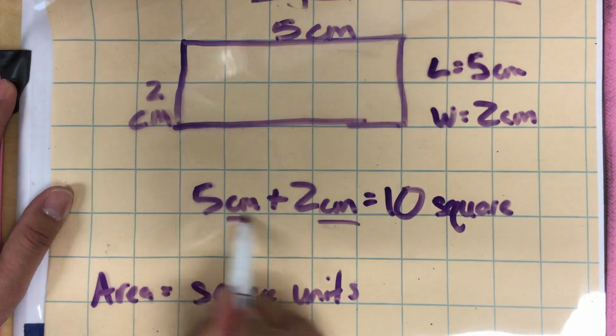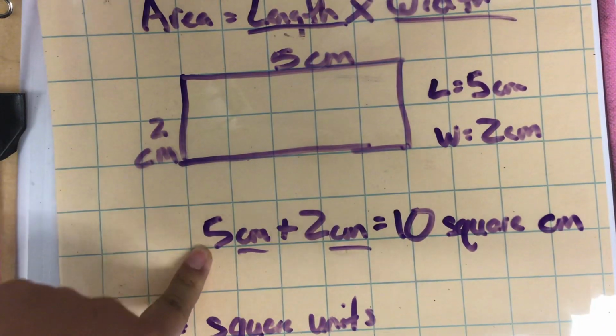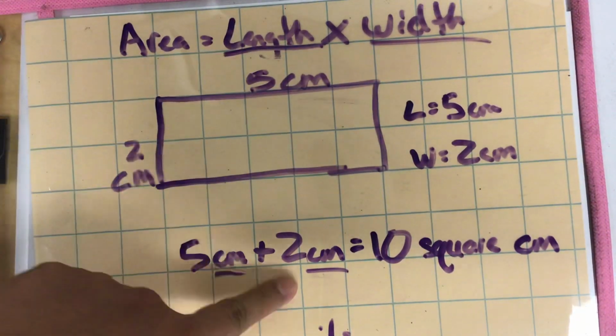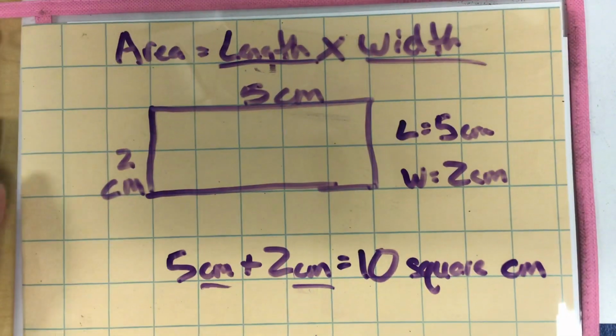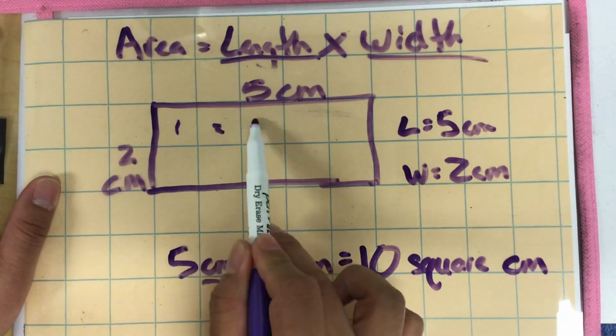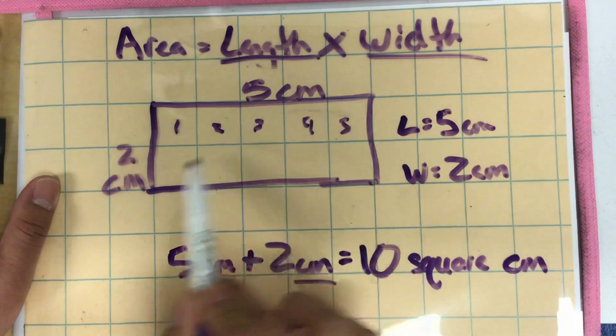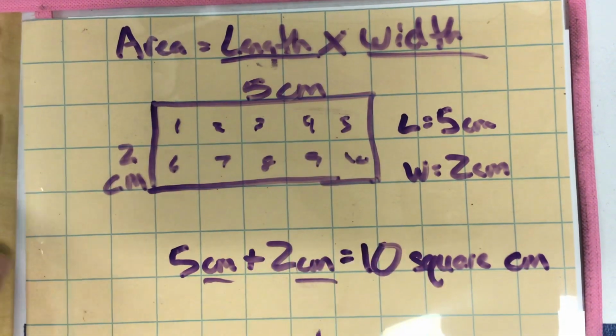We got centimeters. So that means 5 centimeters times 2 centimeters equals 10 square centimeters. Now, if you want to double check, we can just count out the squares. 1, 2, 3, 4, 5, 6, 7, 8, 9, 10.